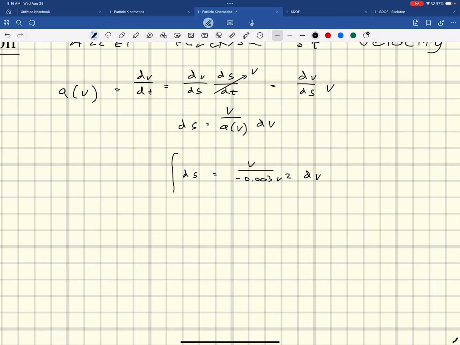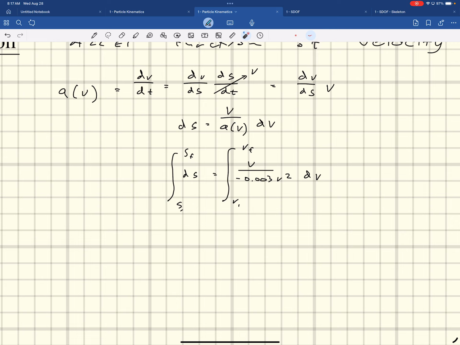And I integrate. This is going from S1 to SF, and this is going from V1 to VF. Okay, so just carry out that integral just like that. You just divide by the acceleration equation. And those are the same V's. This V right here is the same as this V right here, so obviously that simplifies some.